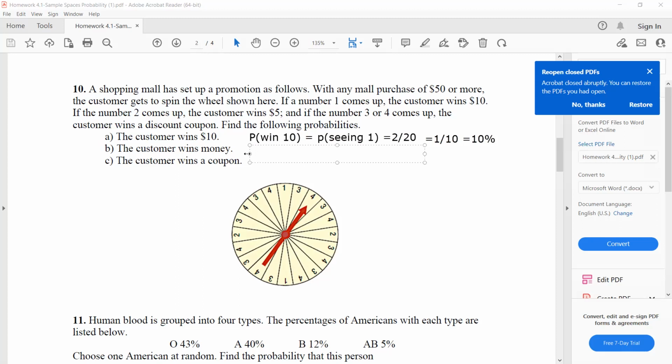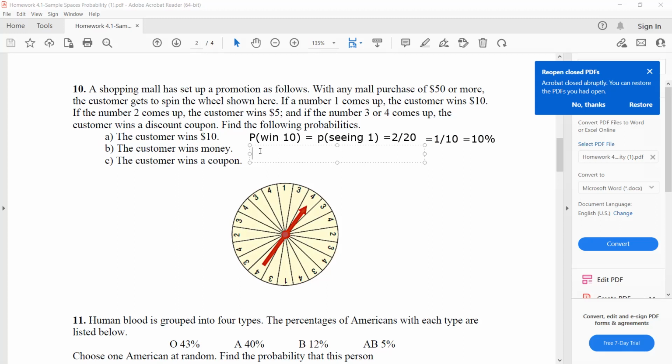If a number 1 comes up, he wins $10, and he wins $5 if the number 2 comes up. So we know there are 2 number 1s. How many number 2s are there? Also 2. There's 2 of each. Well, I see more 3s. But yes, there are 2 of each of those.